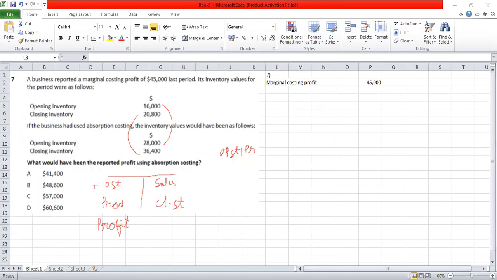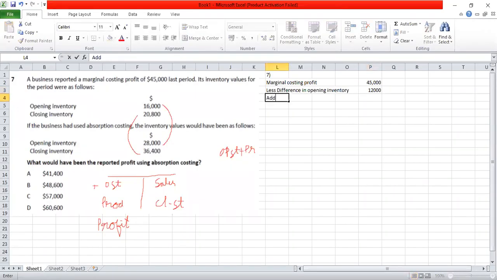So the difference in opening inventory would be deducted.